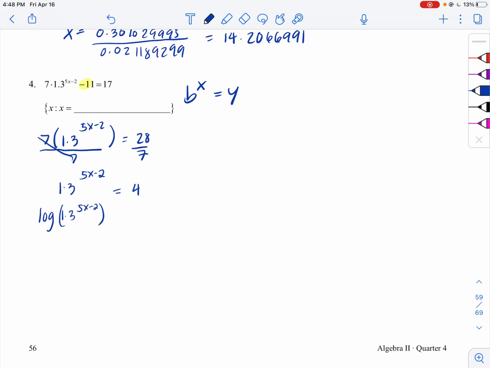Log of 1.3 to the 5x minus 2 equals log of 4. And then I can bring that over. This would be 5x minus 2 log of 1.3 equals log of 4.